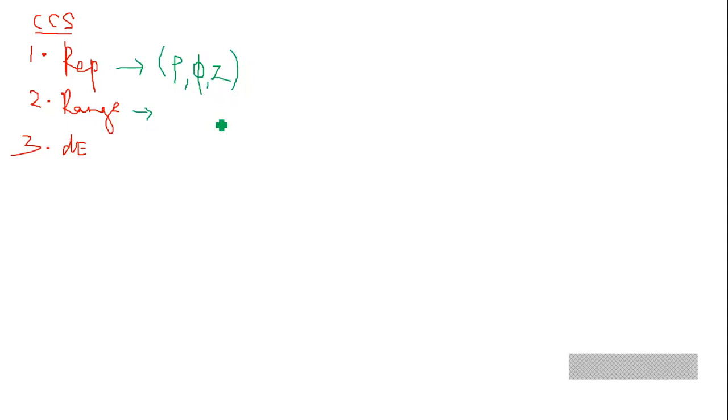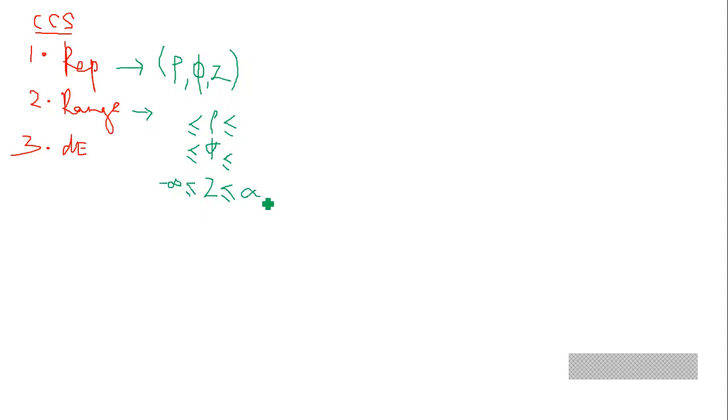Coming to the range, the same thing: rho, phi, and z. Among these, you know the value of z, right? In the last coordinate system, we have seen the value of z is from minus infinity to plus infinity.